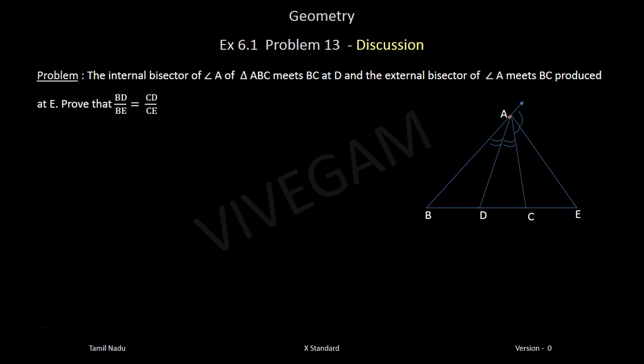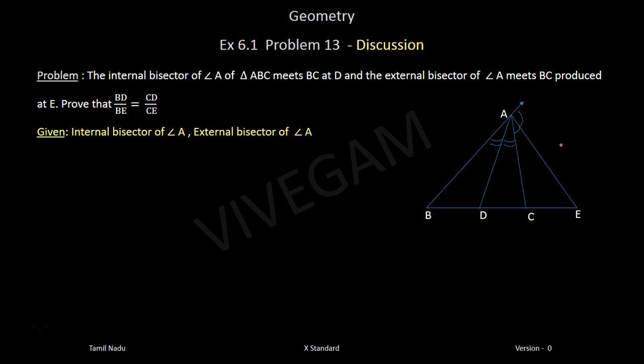So you have to apply the internal bisector theorem for this triangle ABC, and you have to apply the external angle bisector theorem for triangle ABC too, where E will also come into play. Right, so keep that in mind. Let's work it out.